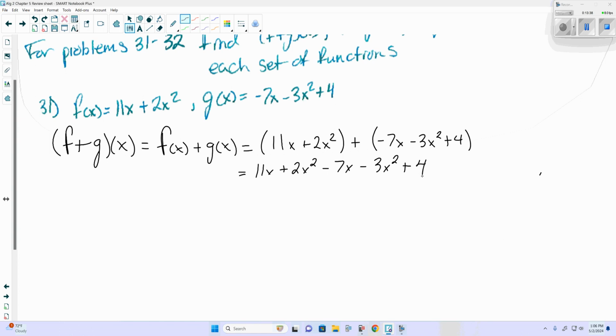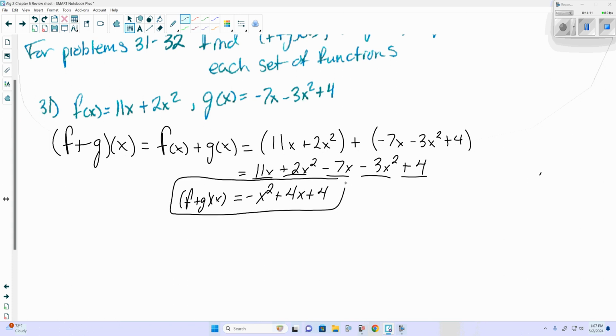And now at this point, we can combine like terms. 2x squared minus 3x squared is negative 1x squared, or negative x squared. 11x minus 7x is plus 4x. And lastly, we have plus 4. So our f plus g of x is negative x squared plus 4x plus 4.